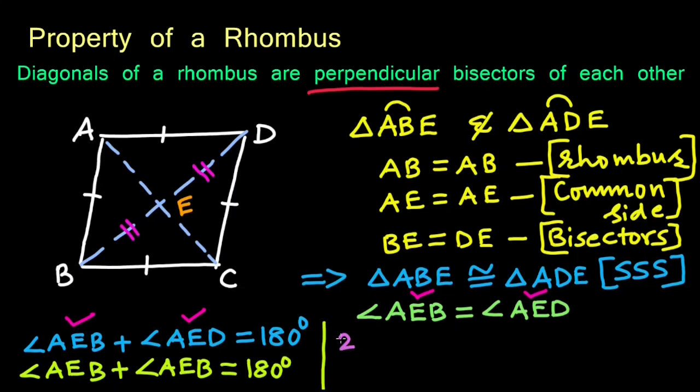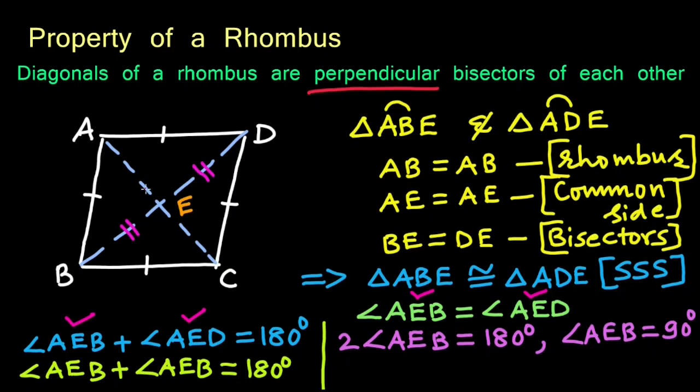That will be twice angle AEB equals 180 degrees, or angle AEB equals 180 divided by 2, 90 degrees. Since angle AEB is 90 degrees, it implies that the diagonals AC and BD are perpendicular. Thus, we can say that diagonals of a rhombus are perpendicular bisectors of each other.